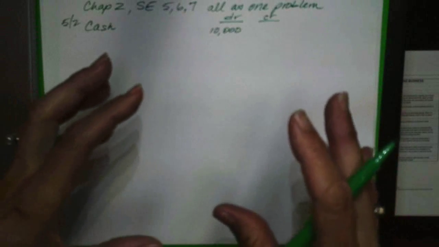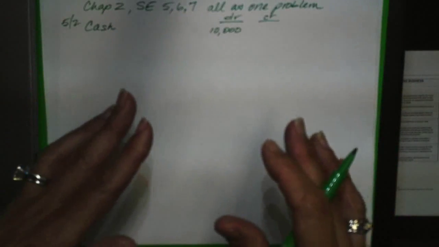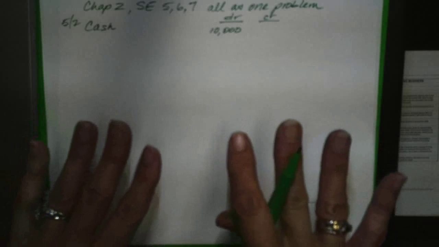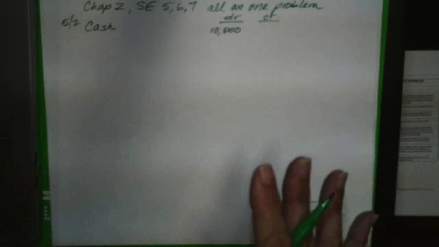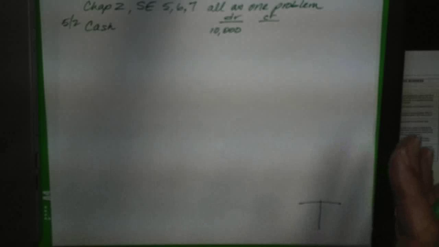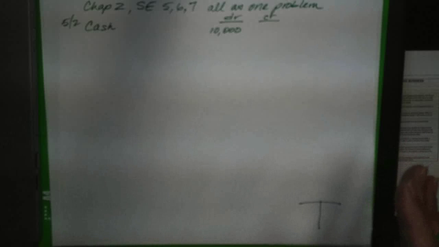Now, I know the whole debit and credit thing makes people crazy, but when you look at the accounting equation, you see that the assets are on the left and the liabilities and the owner equity are on the right. And assets are increased with debits. So debits on the left.